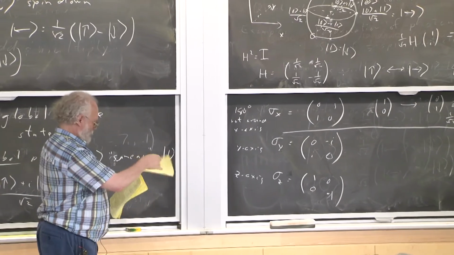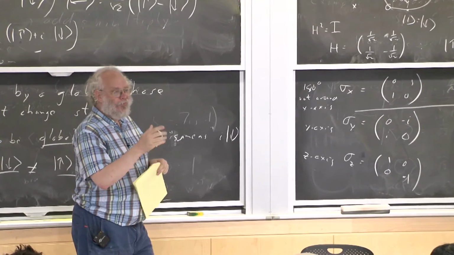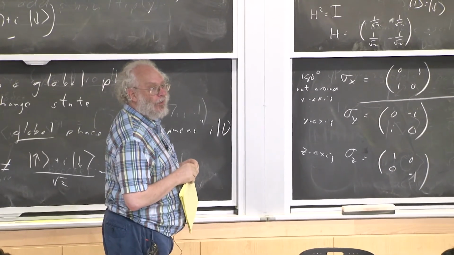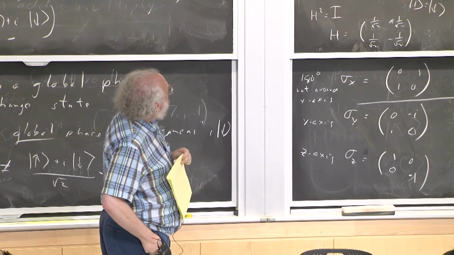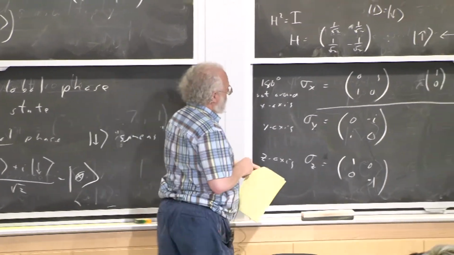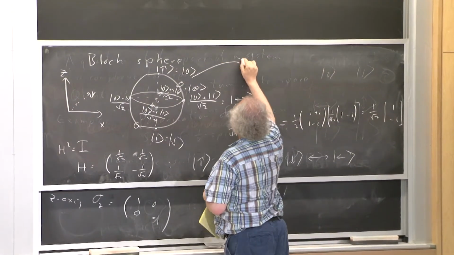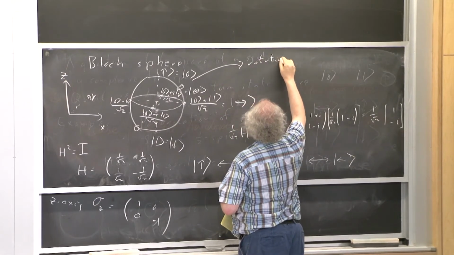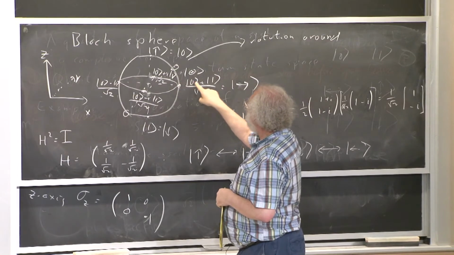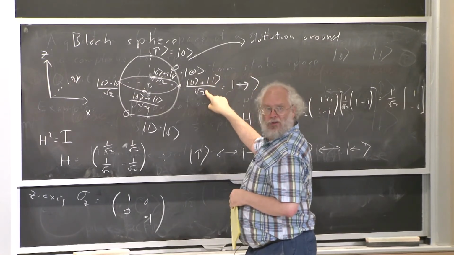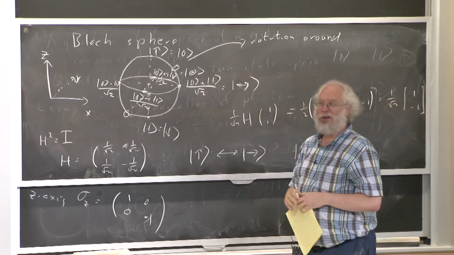Okay, so there are a lot of, so, yeah? In terms of x, y, and z, what is the vector that points in the direction of that axis? Okay, so this rotation around, well, this is cosine pi over 4, or rather, 1 over root 2, 1 over root 2 is cosine.